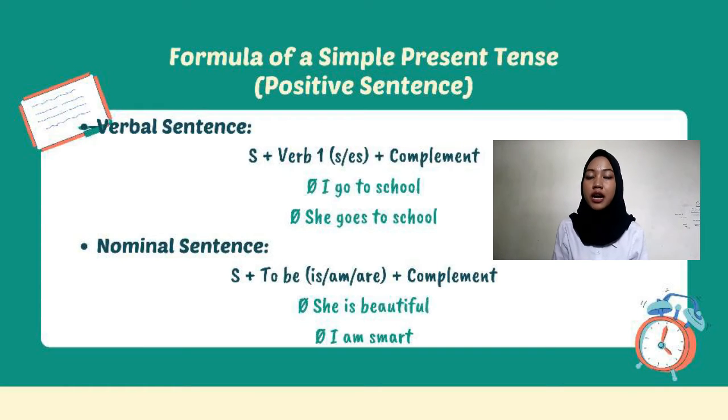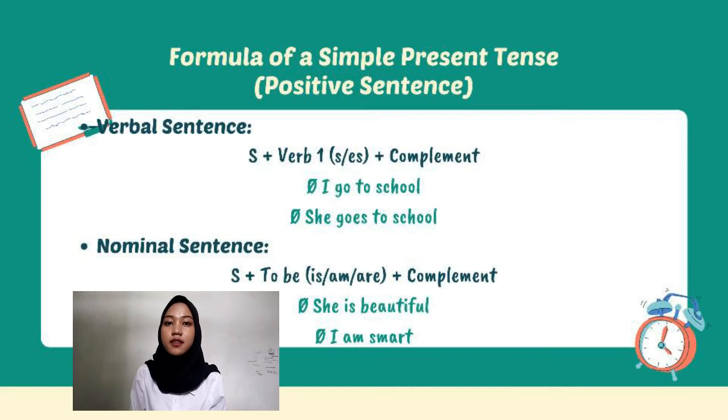I as subject, go as verb 1 and to school as complement. The second example is she goes to school. She as a subject, goes as verb 1 and to school as complement. The use of verb 1 depends on the subject. I will explain it in the next slide.